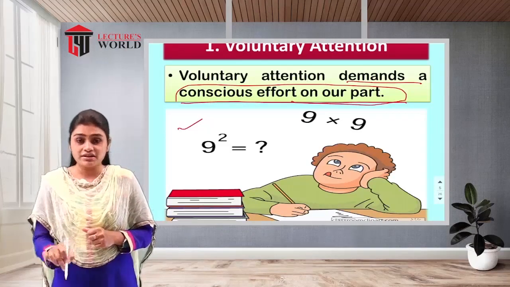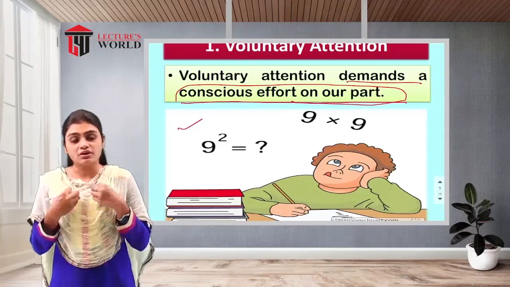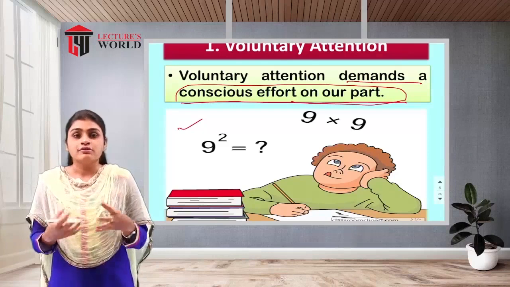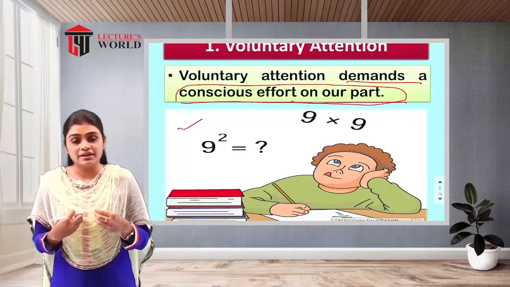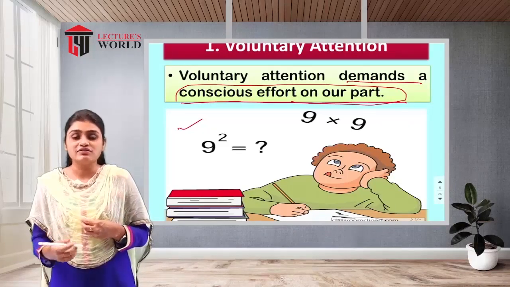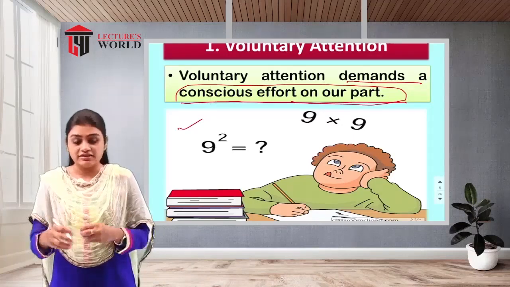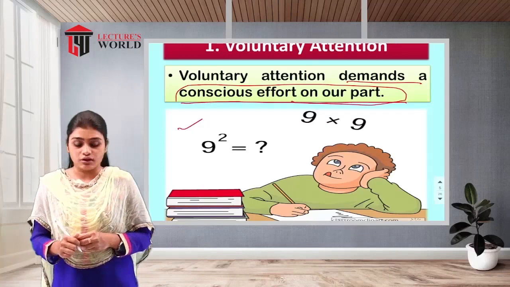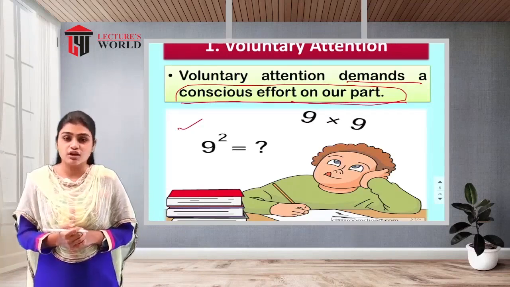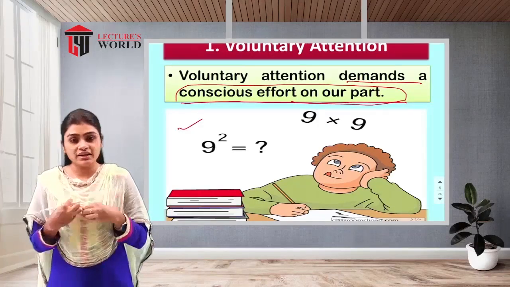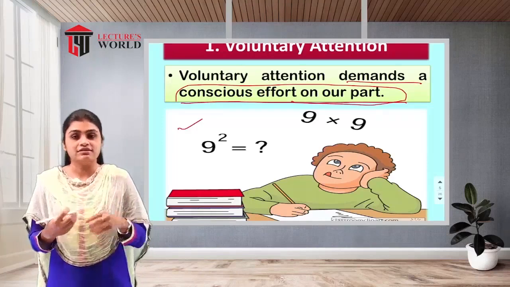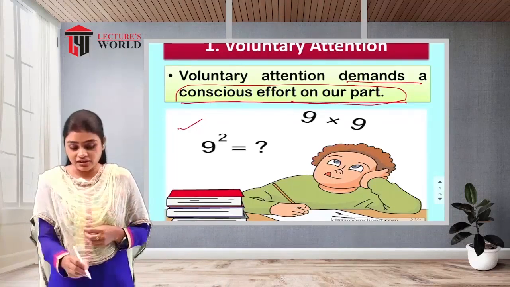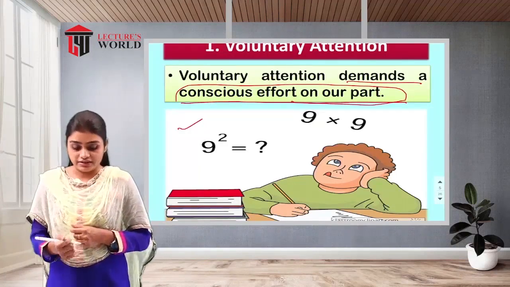This is the voluntary attention which we do on our own part, because we wish not to get punished by our teacher. That's why we try to focus and give our attention to solving this mathematics problem. We are willingly focusing on something from our part. So that is called your voluntary attention.